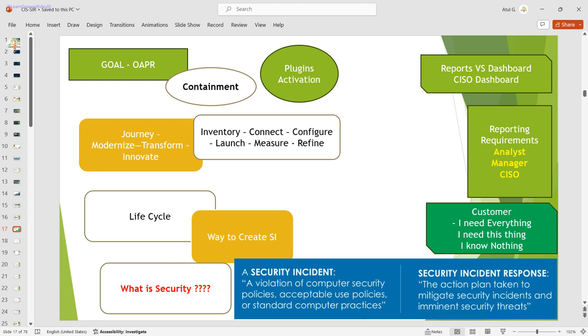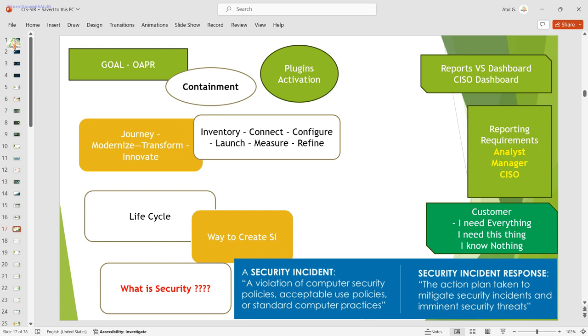Now when I'm creating a report, I have to understand who my audience is, what function they are doing, what category and department they are following, and what they need in the reports. ServiceNow helps me see where the shortcomings and gaps are, so that I can fulfill that gap.